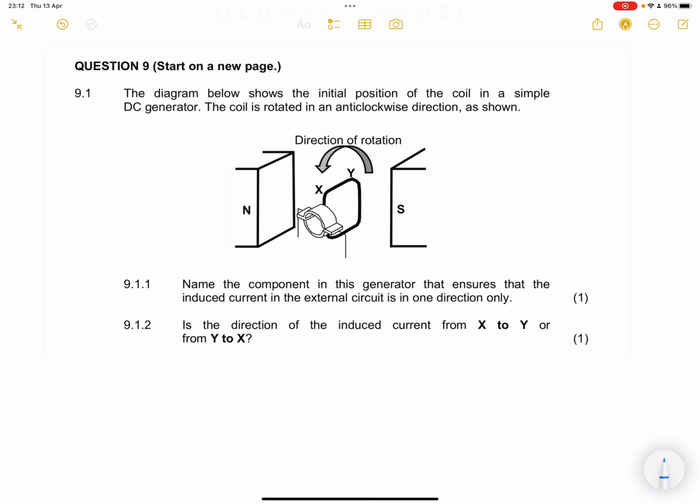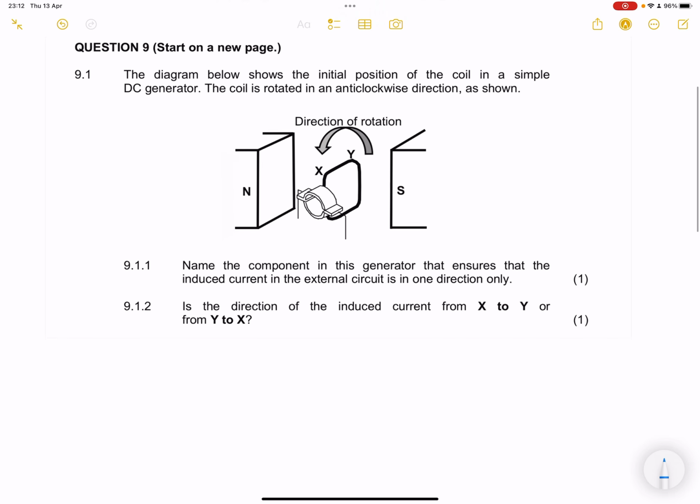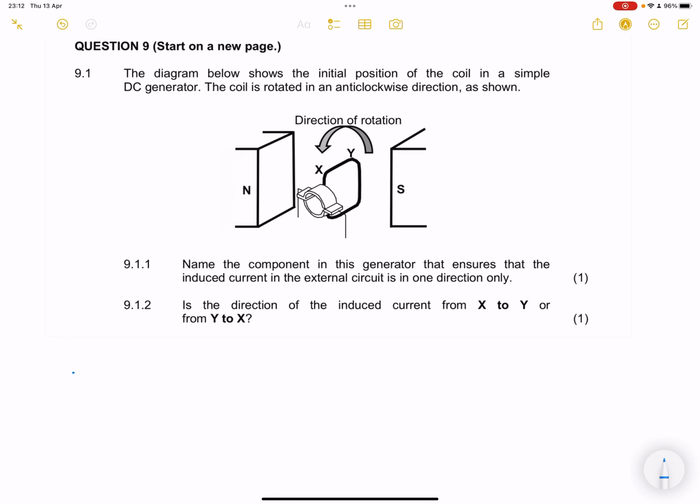They say to us the diagram below shows the initial position of the coil in a simple DC generator. The coil is rotated in an anti-clockwise direction as shown. Name the component in the generator that ensures that the induced current in the external circuit is in one direction only. Being a DC generator, current is going to flow in one direction.